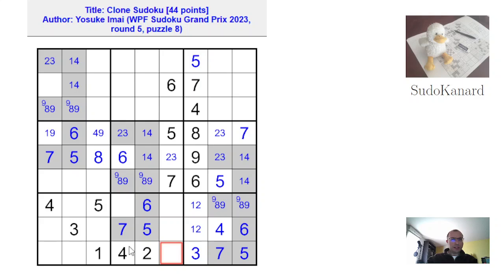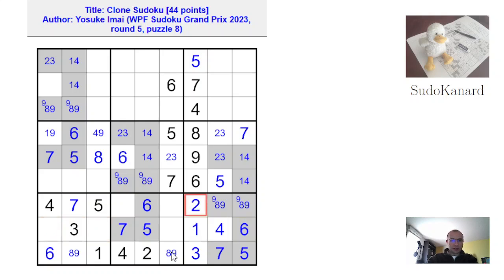Here we need a 6 somewhere, but because of those 6s, that's a 6. This is an 8-9 pair. Seven goes here, just by Sudoku. So these contain a 2.